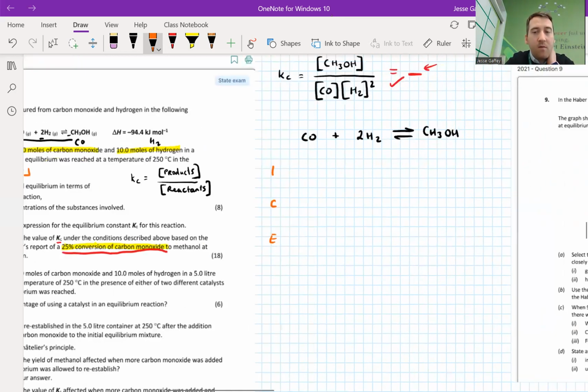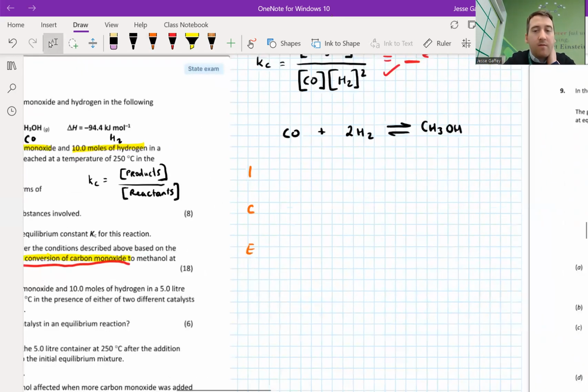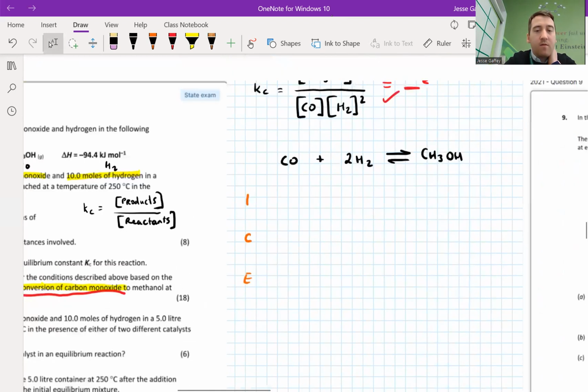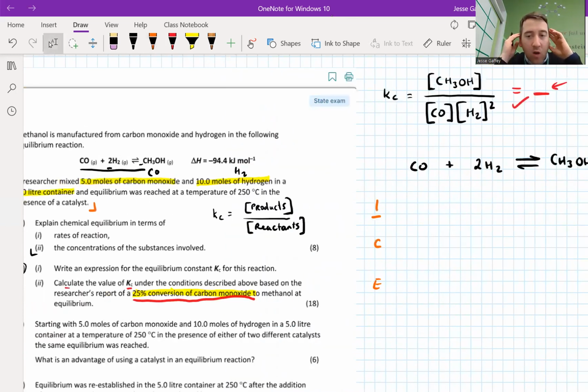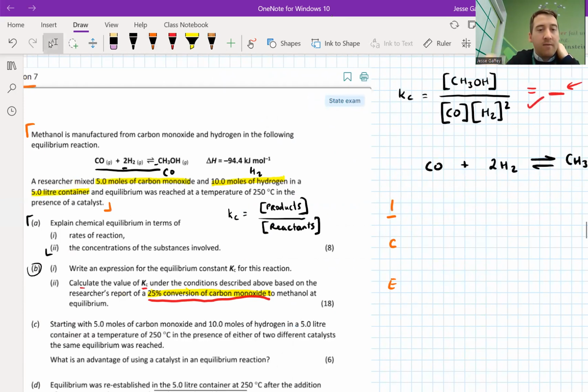Now, remember I stood for initial concentration in moles per liter. So I have to figure out what my initial concentration in moles per liter of the carbon monoxide was.